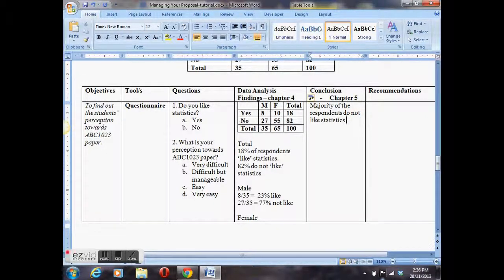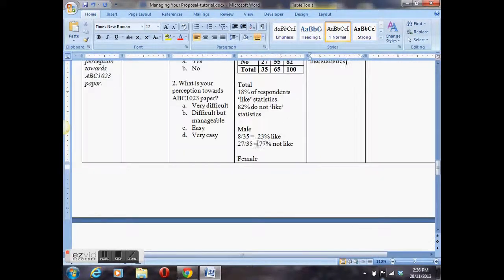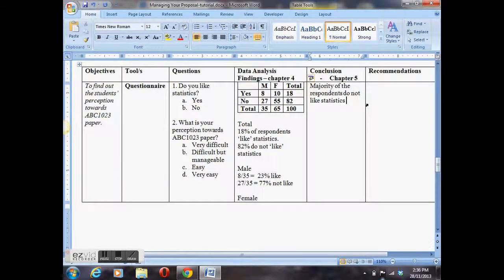Okay, and since the male and female results are also the same actually, we use the same conclusion, so we don't have to repeat. But in the case that, as I mentioned just now, most of the male respondents do not like, most of the female respondents do like statistics, but due to the difference in number, perhaps the overall result will be influenced.